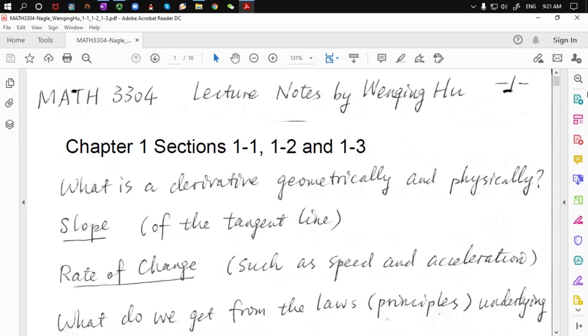So they are very important, and I suggest you look at them and make full use of these lecture notes. Now let me start. We are going to talk about differential equations.